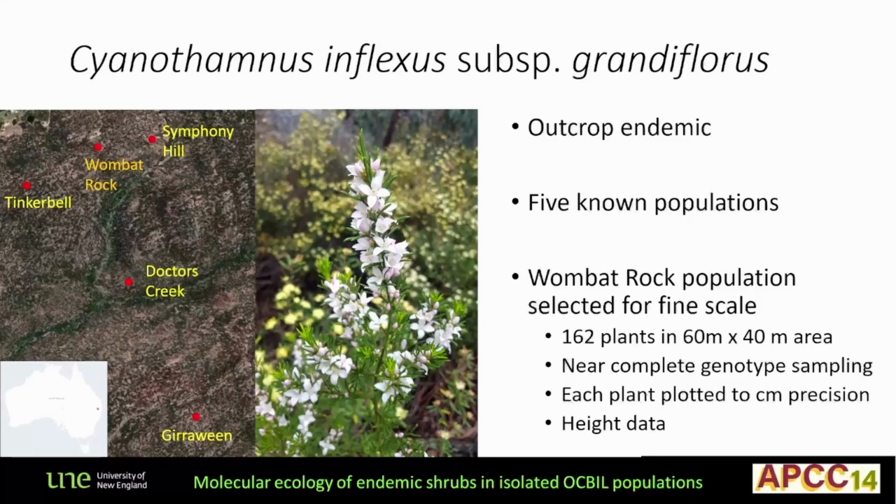We also used an advanced GPS system, and we plotted each site to centimetre precision, and that was important because this site's only probably about 60 metres by 40 metres, so we had to get that spatial data, that precision. We also took the height data of each plant as a proxy for age.